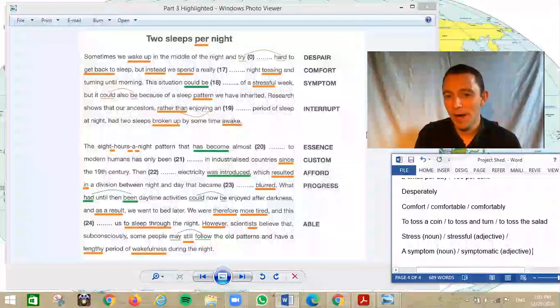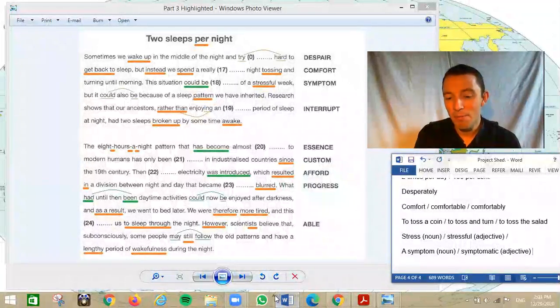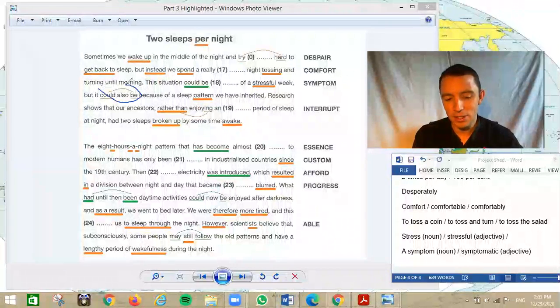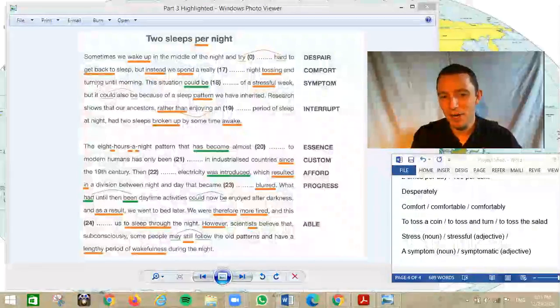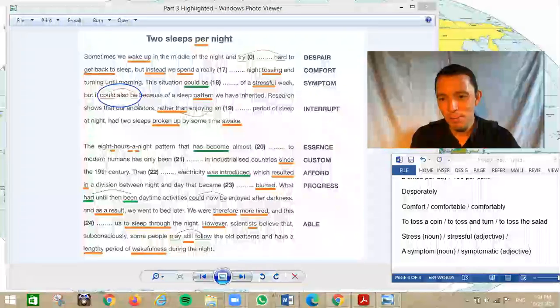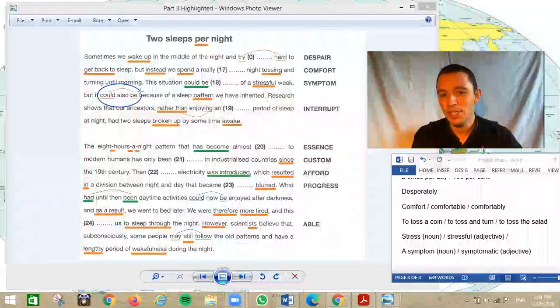So it could be symptomatic of a stressful week, but it could also be. So here is another example of the modal verb and the infinitive verb, okay? It could also be, so could is the modal, be is the infinitive, and also is possible in this position in the middle, but it's also possible in the position at the end.